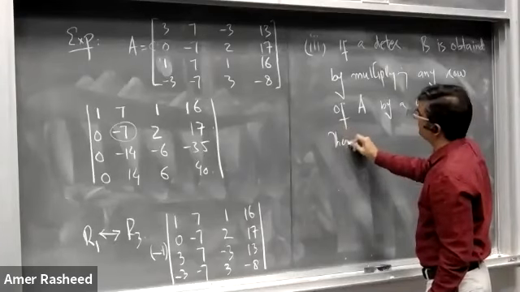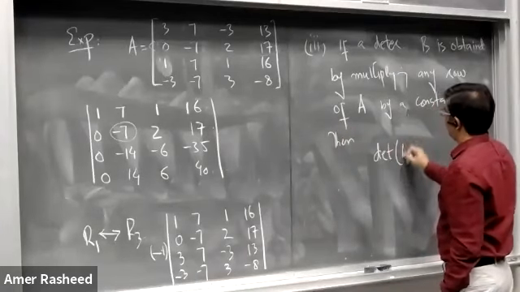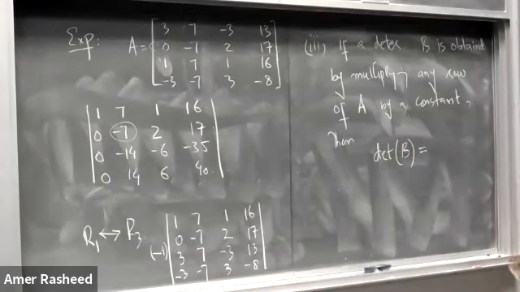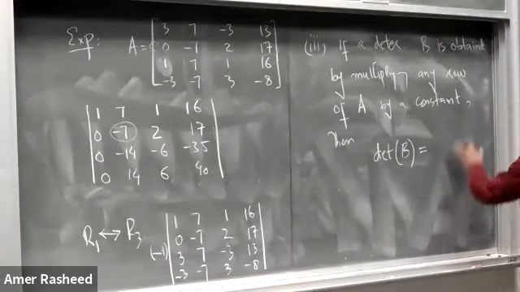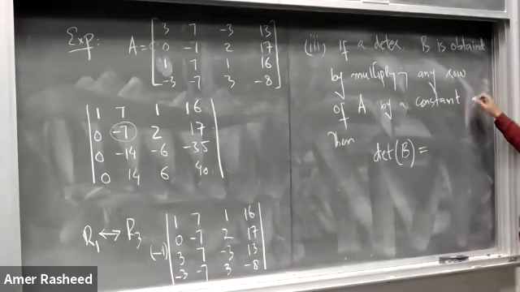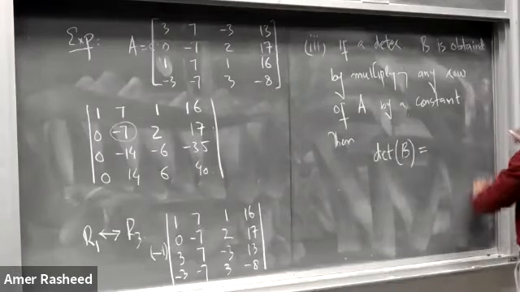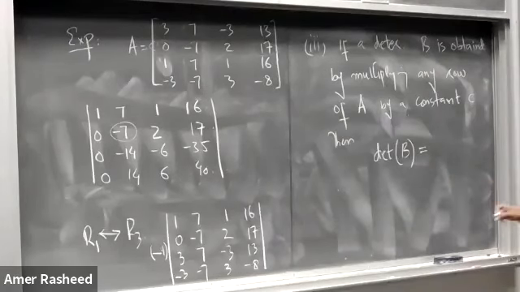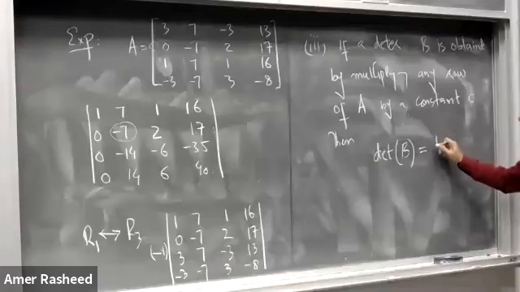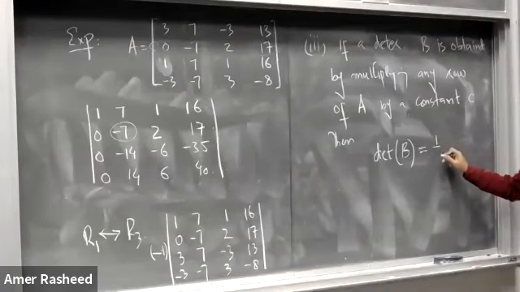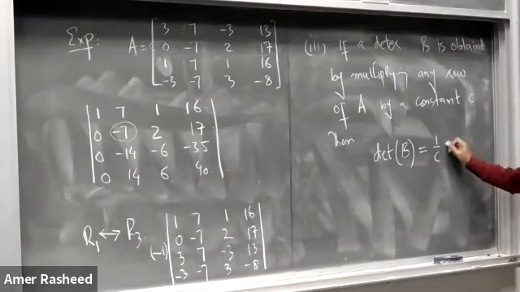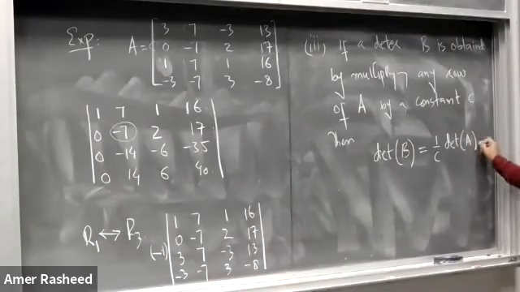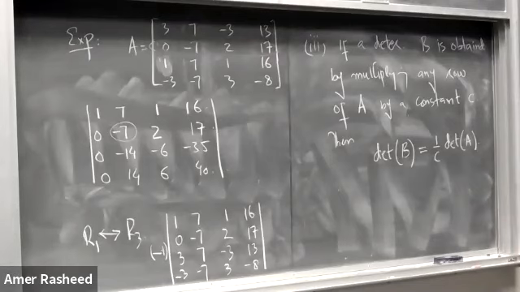then determinant of B is equal to, say that constant is maybe C, then determinant of B is what? It is 1 over C times determinant of A. What does it mean?